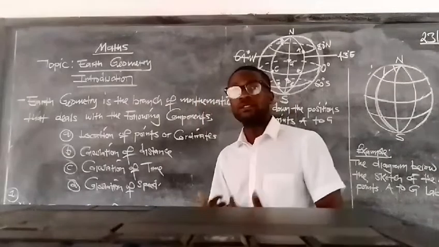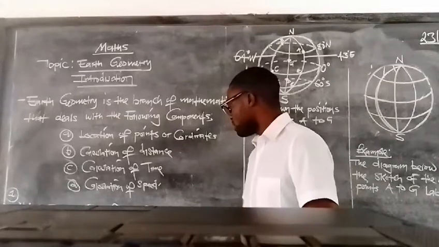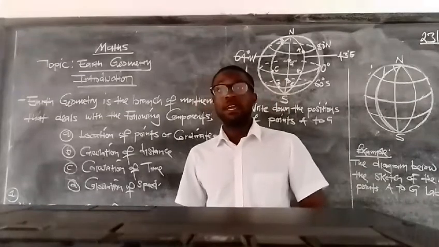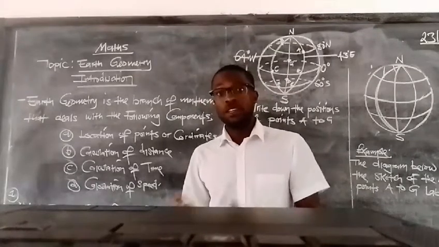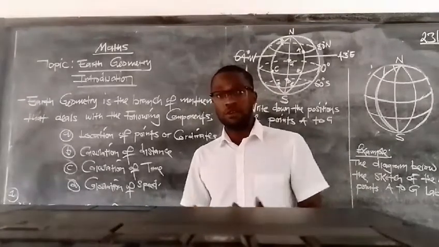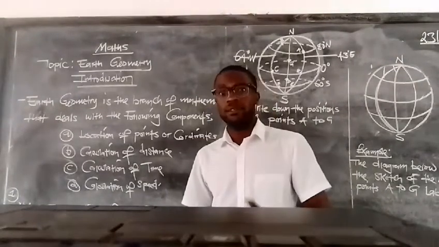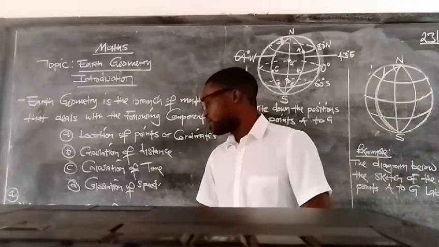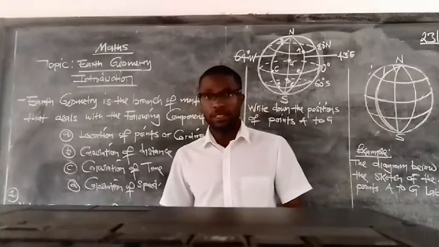And also the radius of the Earth in nautical miles is about 3437 nautical miles. This is my emphasis. Now, if you are told to calculate the distance in nautical miles, please use the radius of the Earth, which is 3437 nautical miles. And again, if you are told to calculate the distance in kilometers, you use the radius of the Earth, which is 6370 kilometers.